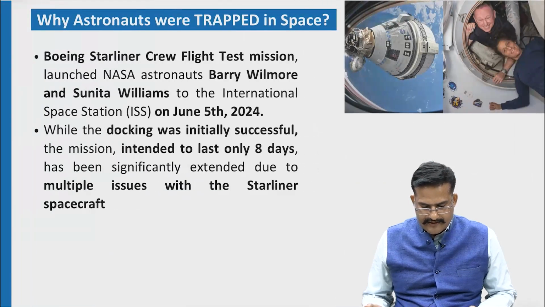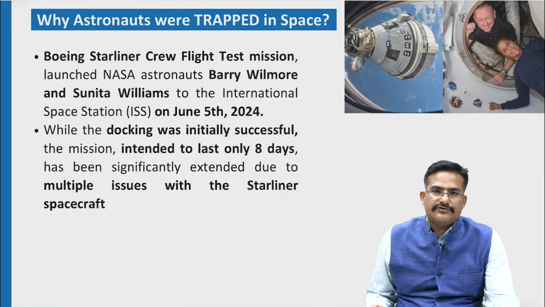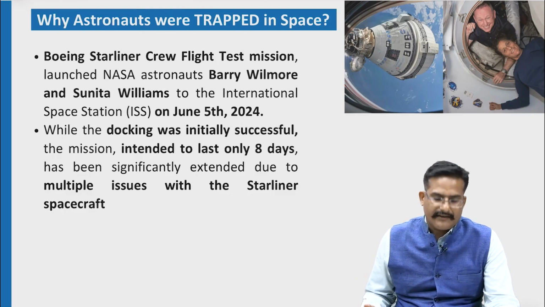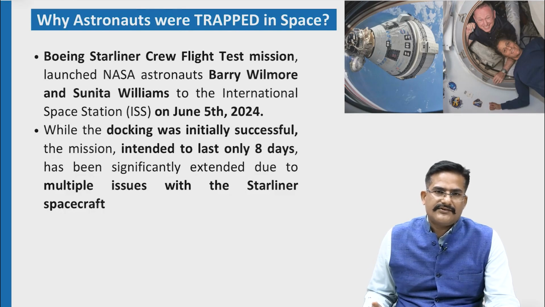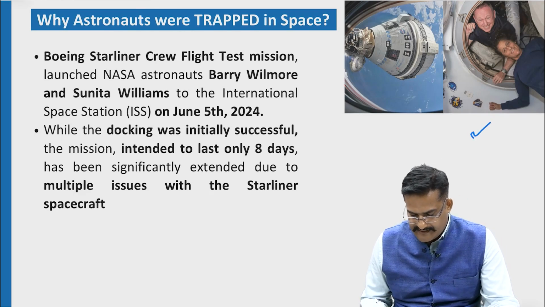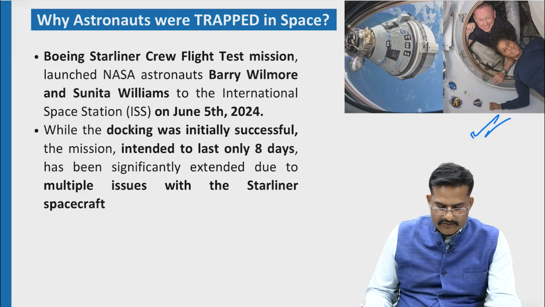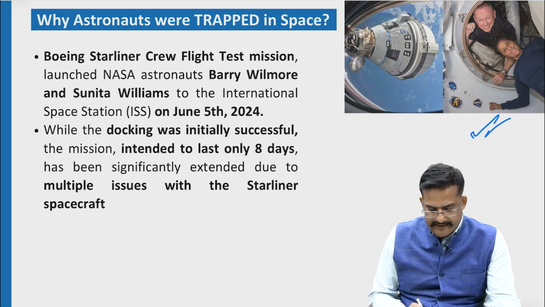Now let us understand why they were trapped in space and how they came back, right? Let us try to understand the reason behind the stranded astronauts. You can see the people are stranded. What happened? We'll go with the timeline.